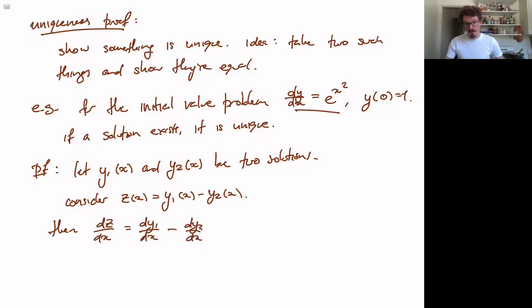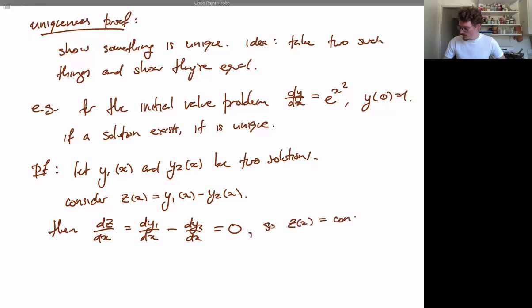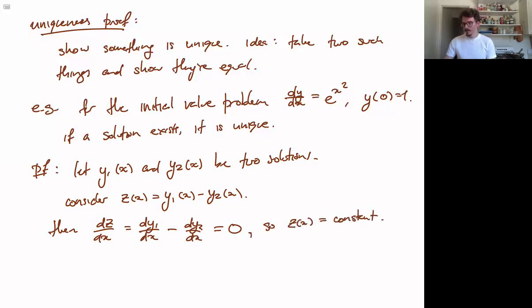So they have the same derivative, and this thing is 0. And here's a calculus fact that might not be totally obvious, but you may be familiar with. If you have a function whose derivative is 0, you can conclude that it is a constant. The only functions whose derivative is 0 are the constant functions.